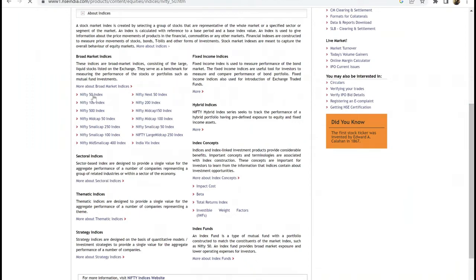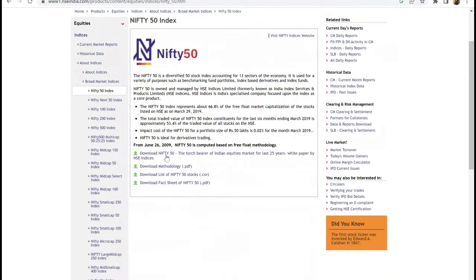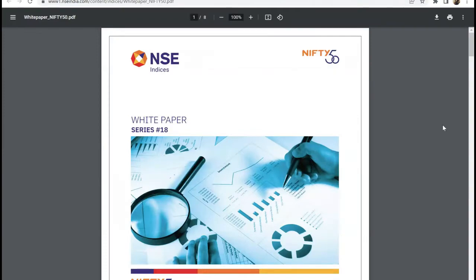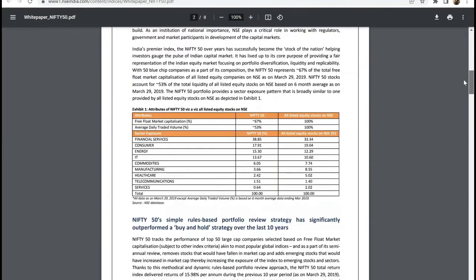So if you just click on the Nifty 50 index, you have all the details. You can download the Nifty 50 brochure and you can see the white paper. This is for if you are really interested.